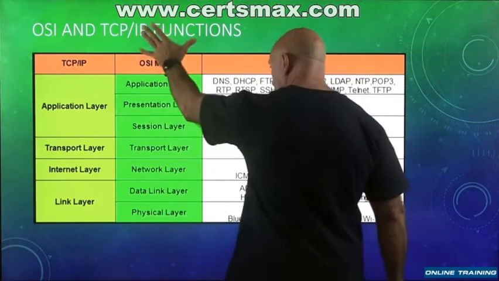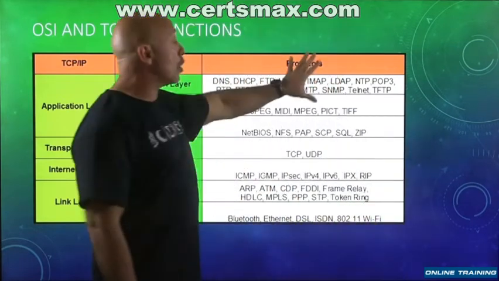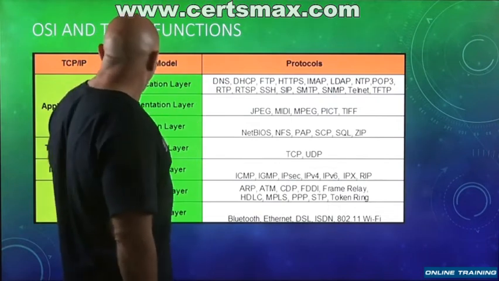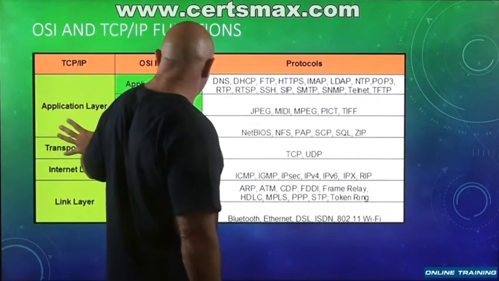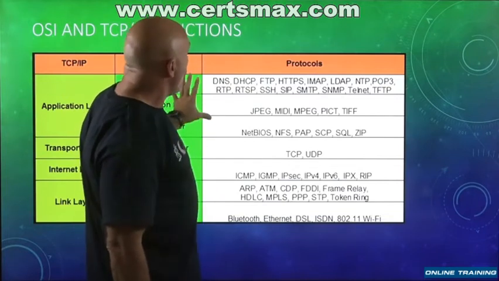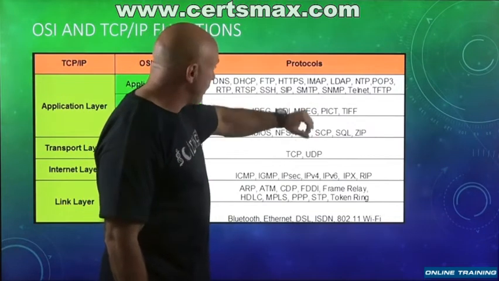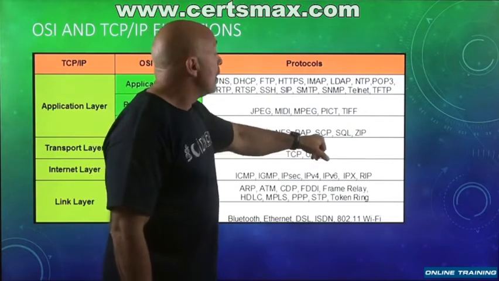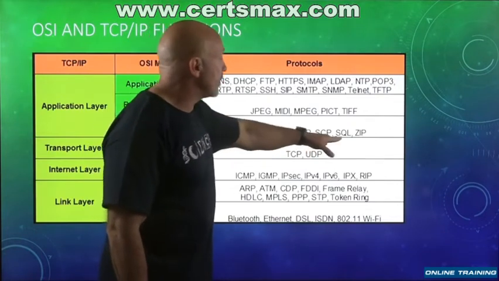Again, here are your layers, but here are the protocols that work on those layers. In the application layer, together with the presentation and session, we have DNS, DHCP, HTTPS, JPEGs, NetBIOS, secure protocols, SQL.